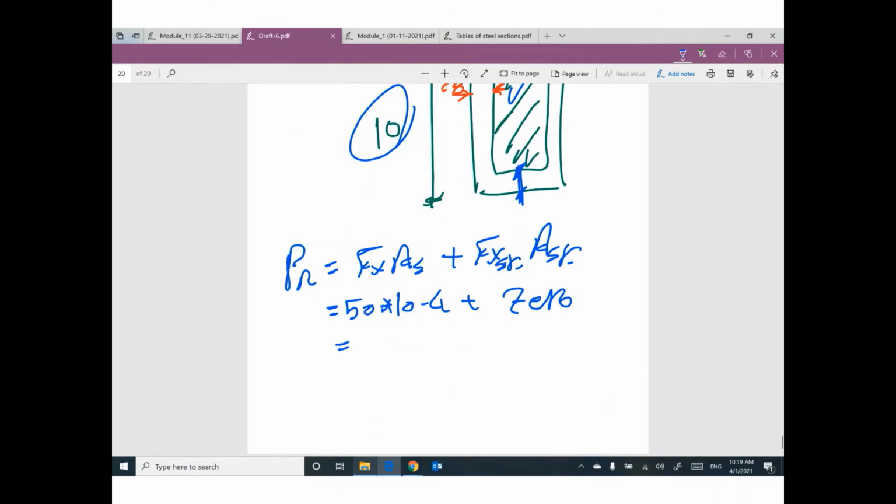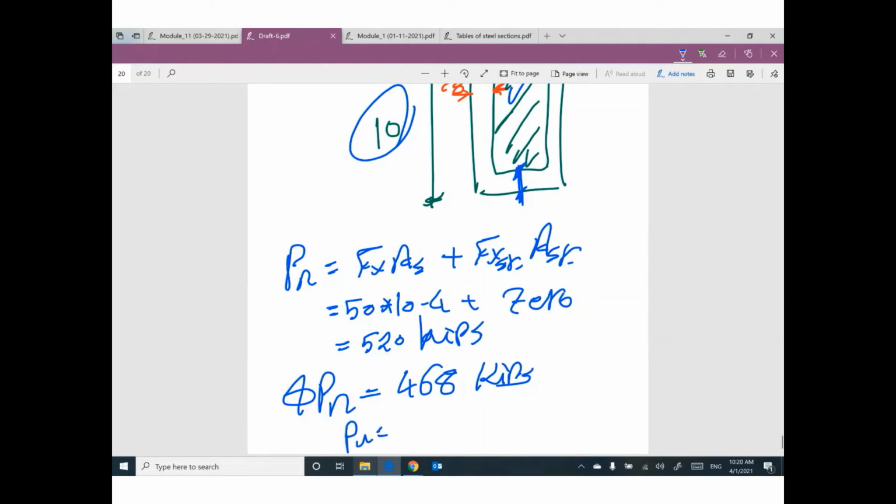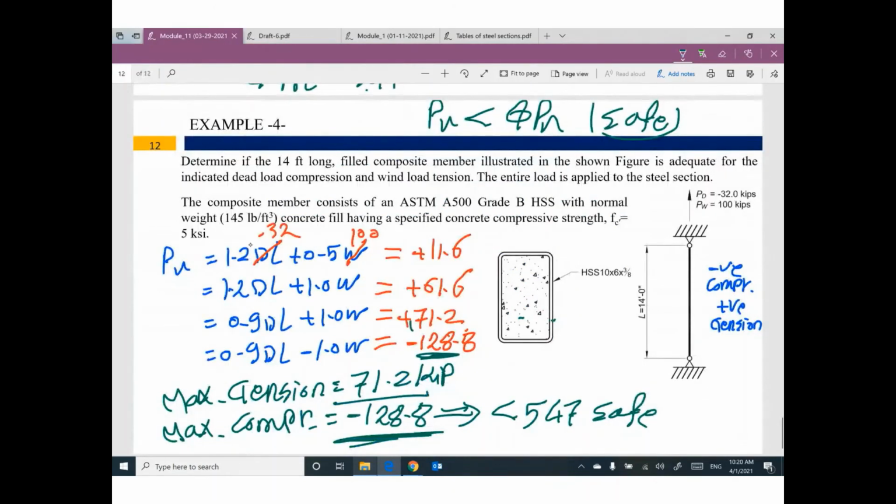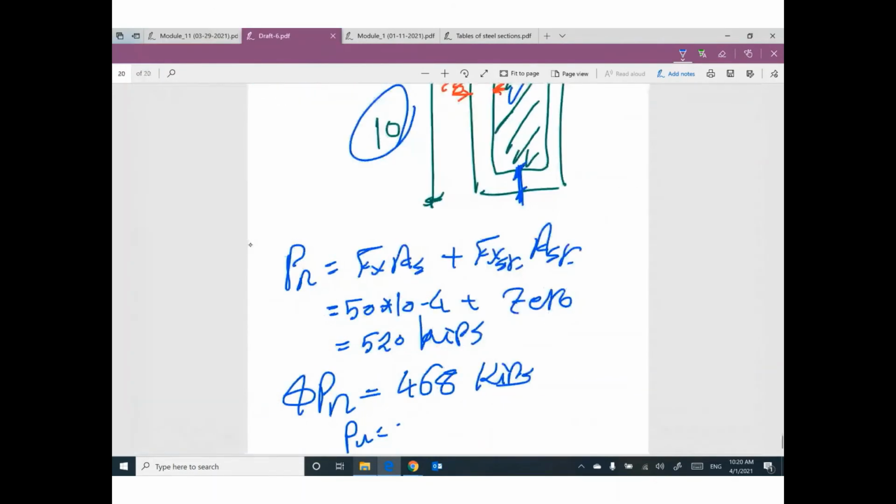So your value will be 520. Phi Pn, phi equals 0.9, 468 kip. So I think the value of P ultimate, which equals 71.2, is smaller than phi Pn. The column is safe.